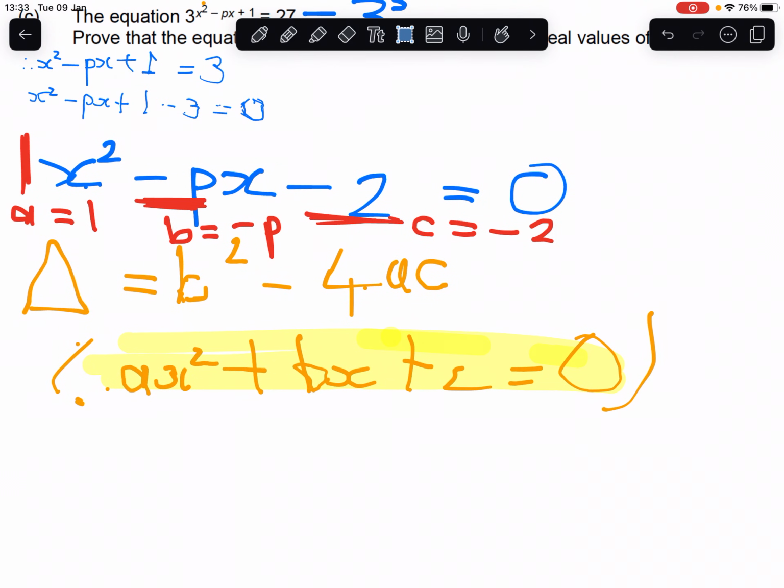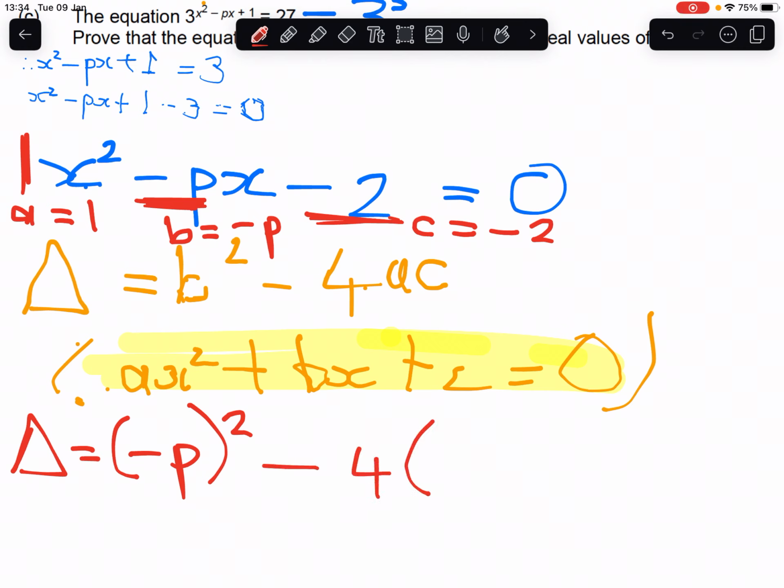Okay, anyway, right. After that very long ramble, we're finally ready to calculate the discriminant for this equation of ours. So the discriminant is going to be b squared, and our b is negative p. All right, very important to put our negative b in brackets because we're squaring that whole term, not just the p, but the negative as well, right? Minus 4 times a times c.